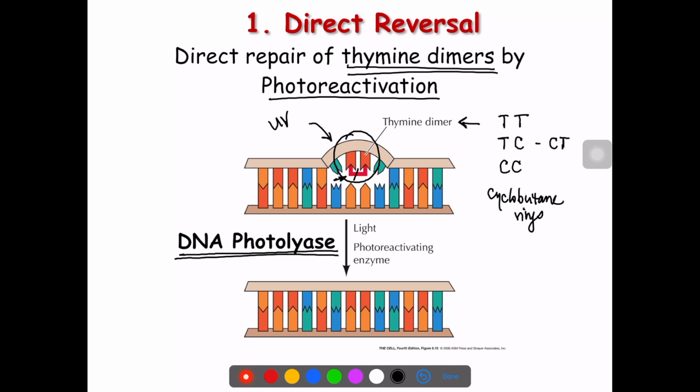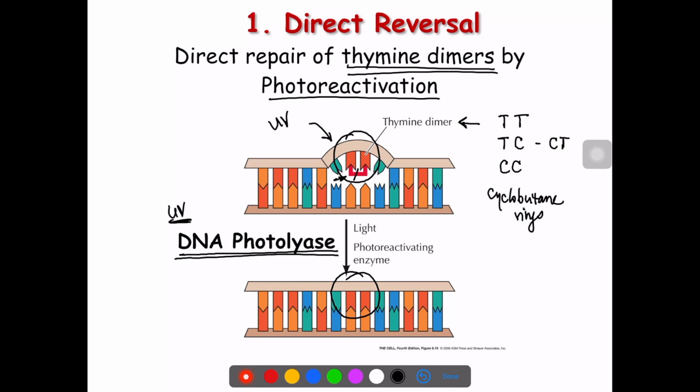This enzyme is activated by UV light, and therefore the same process that generates the formation of those cyclobutane rings is the same process that activates the enzyme that has the ability to eliminate the damage. As you can see, there is no need to resynthesize anything at all. The enzyme by itself has the ability to hydrolyze those cyclobutane rings, therefore producing the normal structure of the DNA, eliminating the damage in a direct way.